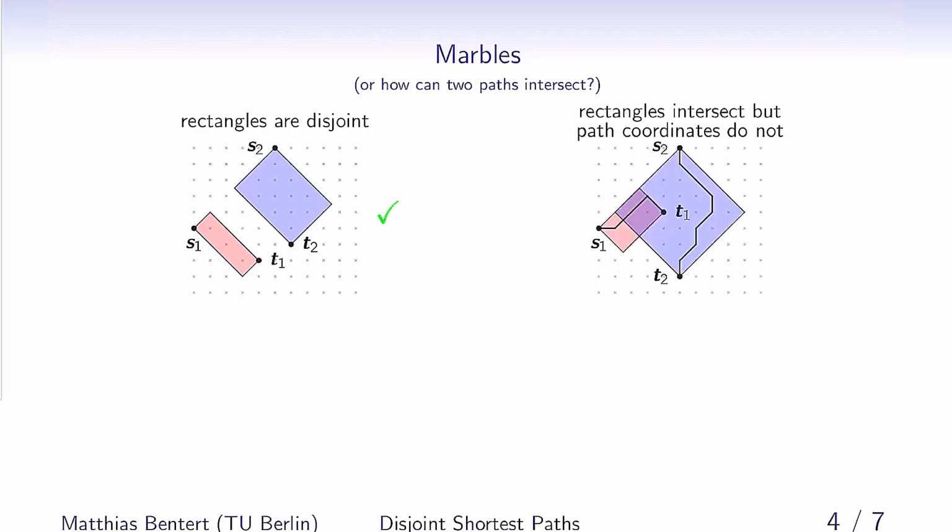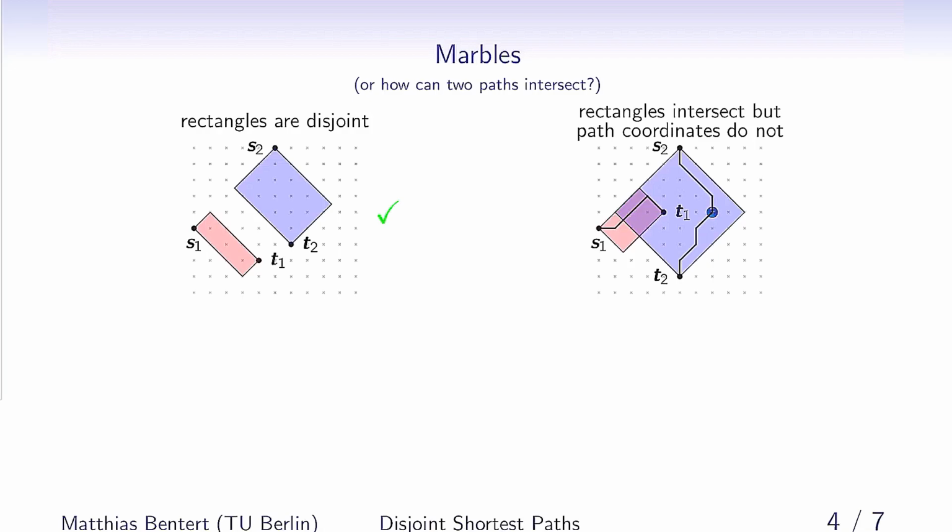A second case might be that rectangles intersect, but the path coordinates of the optimal path, and we do not know them in advance, but there are solution paths such that the rectangles overlap, but the paths do not share a common coordinate. In this case, we like to think of the problem as being solvable using marbles.